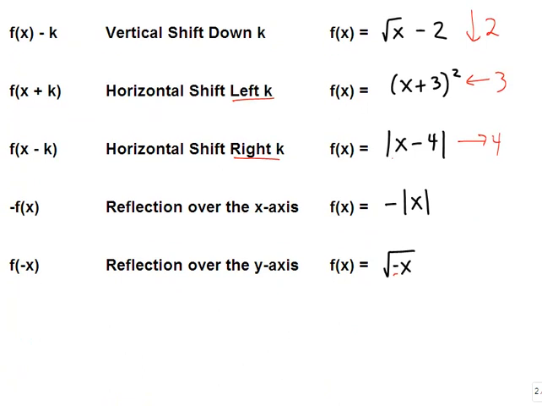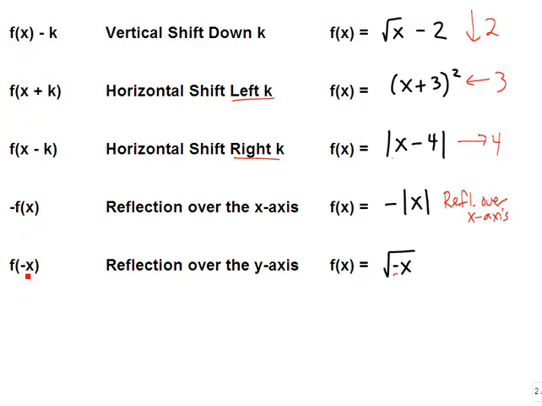For reflections, if you see a minus sign on the outside of your function, that's going to be a reflection over the x-axis. And what that does is it flips you upside down. So if I have a minus outside of my absolute value, then this is going to be a reflection over the x-axis.